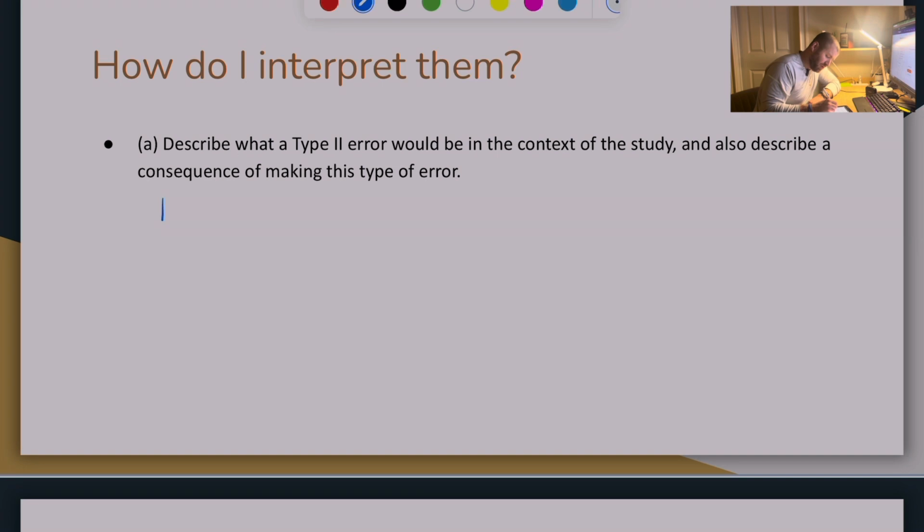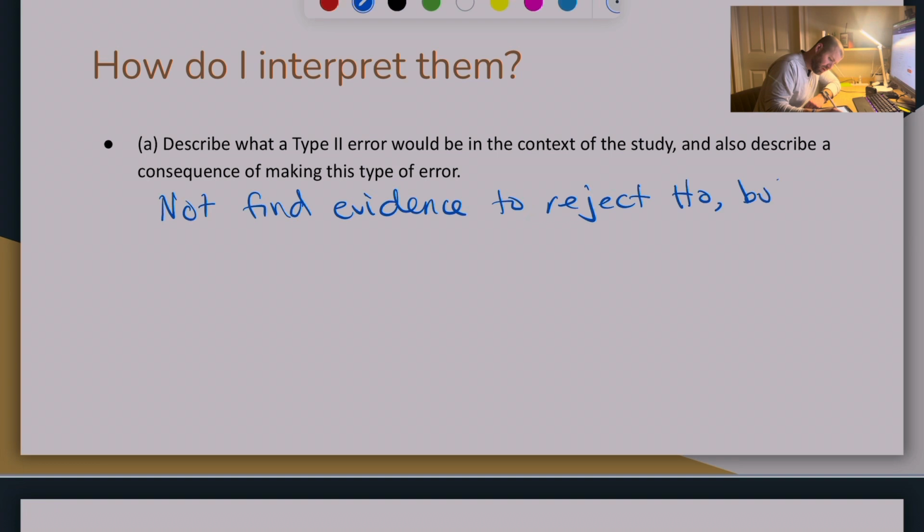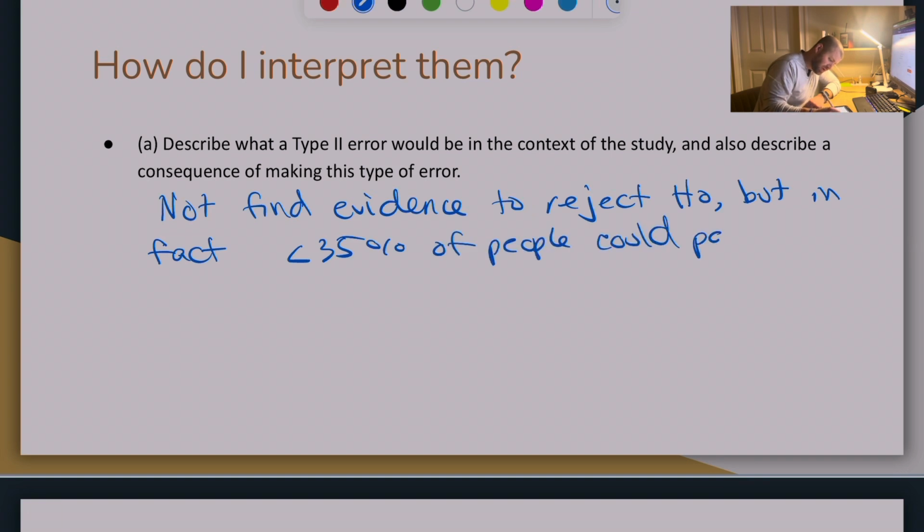So in this case, a type 2 error would be not finding evidence to reject my null hypothesis, but in fact, less than 35% of people could pass the test.